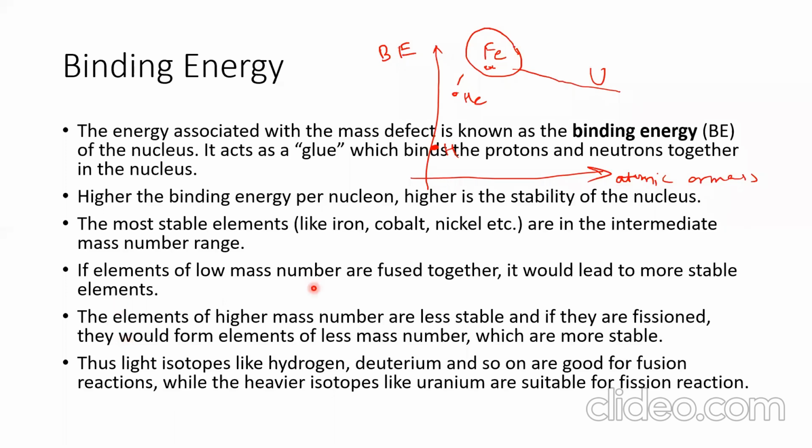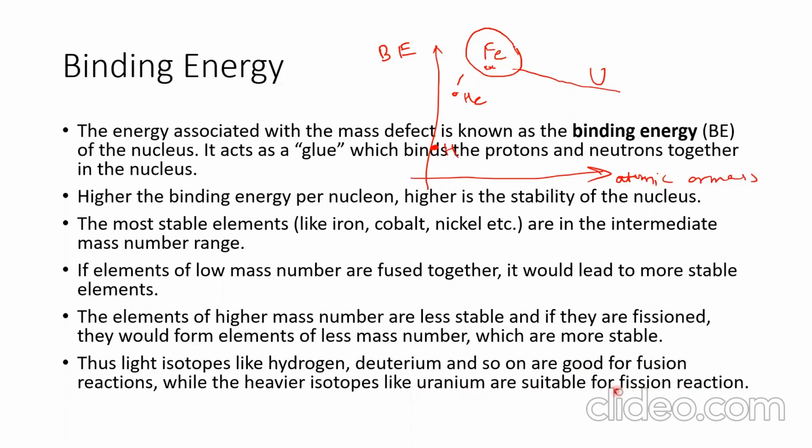The elements of low mass number, if fused together, would lead to more stable elements, whereas the elements of higher mass number are less stable, and if they are fissioned, means when they split, they would form elements of lower mass number which are more stable. Thus light isotopes like hydrogen, deuterium, and so on are good for fusion reactions, while the heavier isotopes like uranium are suitable for fission reactions.